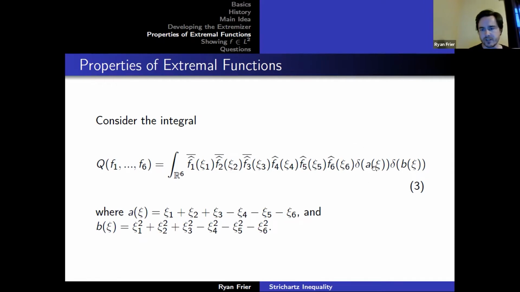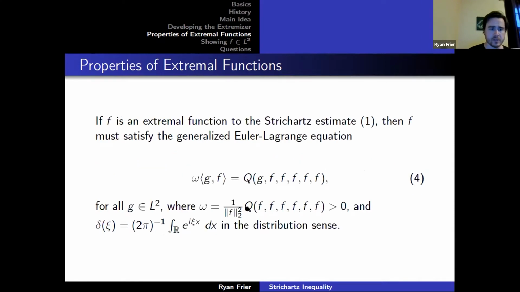This is equal to an integral of e to the i k c x, in the distribution sense.